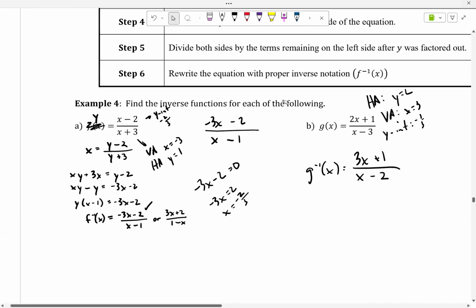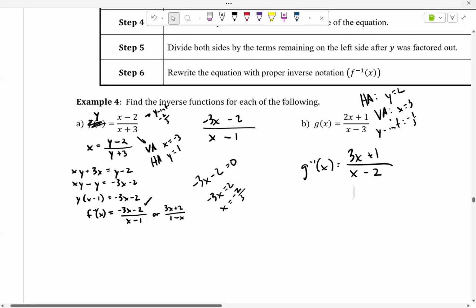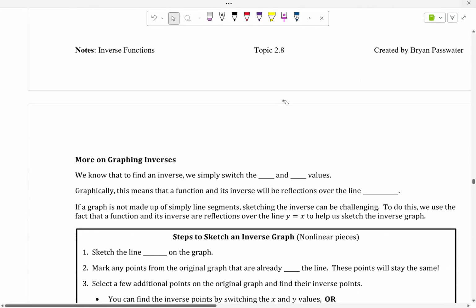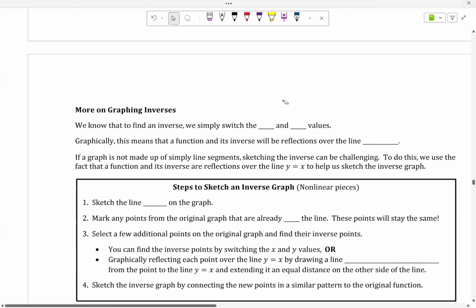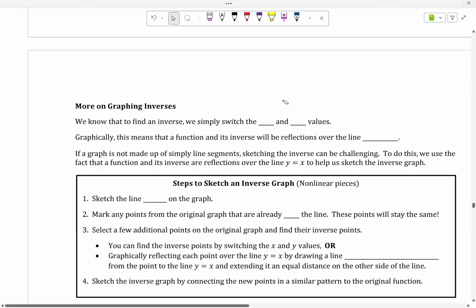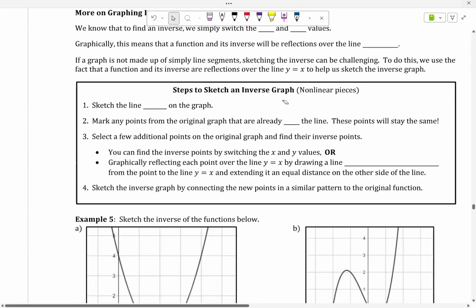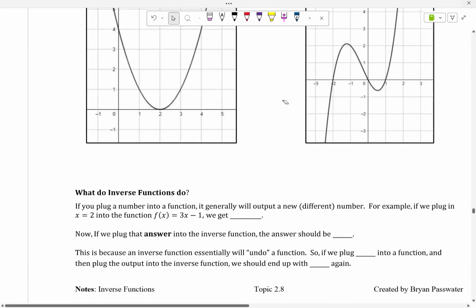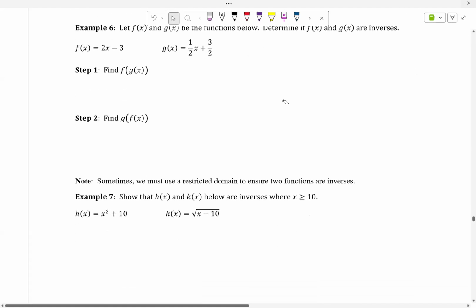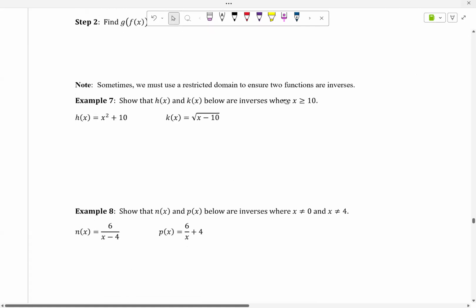It works for linear over linear in very select cases. So this method only works if the degrees are the same, if they're both linear, both first degree. You can look over this on your own if you like, but I want to go directly to example 7.